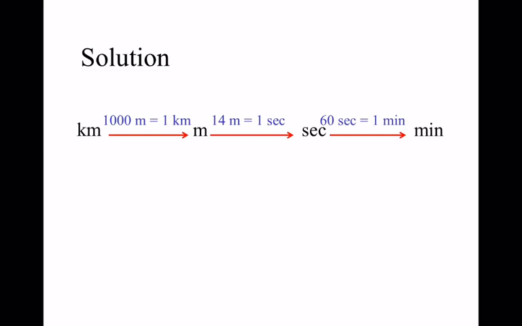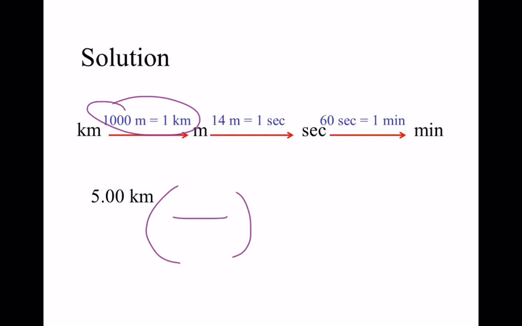So that's the strategy to work this problem. Some problems have more than one way to work them, and probably this one does too. The first term is going to be 5.00 kilometers over 1. Then we want kilometers to cancel. So how are we going to use this equivalency statement? 1,000 meters on the top, 1 kilometer on the bottom.